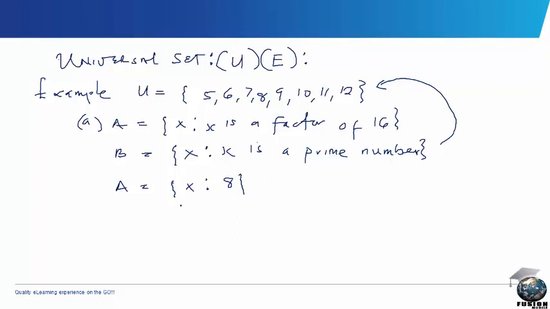That's the only factor. And then set B will comprise x such that we have prime numbers. Prime numbers we have there include 5, 7, and 11. So we picked all these values relative to the universal set.